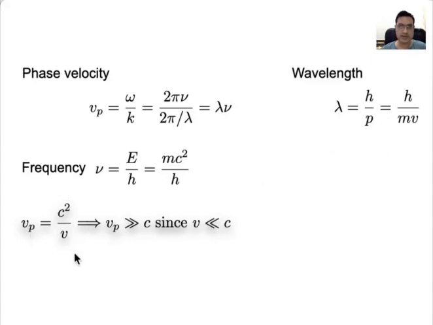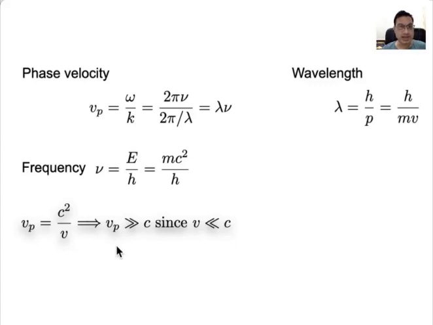So your phase velocity is written as c squared over v, and it is clear that your Vp is much larger than c, because the velocity v is much smaller than c for a particle like an electron. Okay, this contradicts our notion, since the phase velocity is much larger than the speed of light.